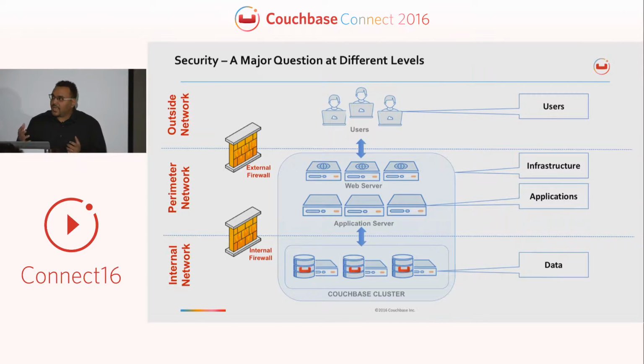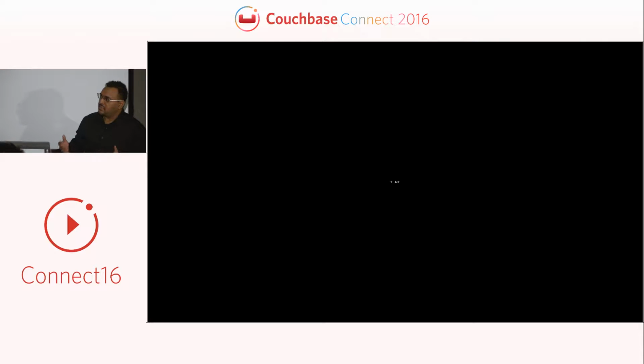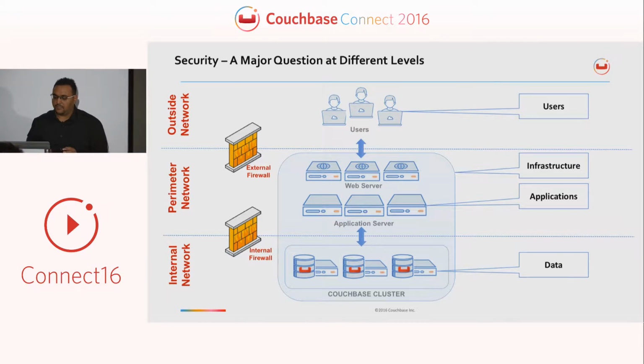Another way of looking at this is through a typical deployment architecture diagram of Couchbase. You can see here how Couchbase is typically deployed. Couchbase is mostly deployed in an internal network, behind two levels of firewall, sometimes more.